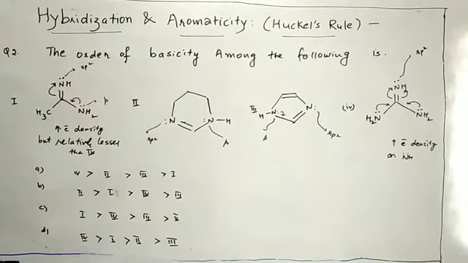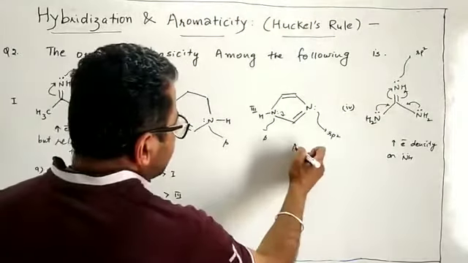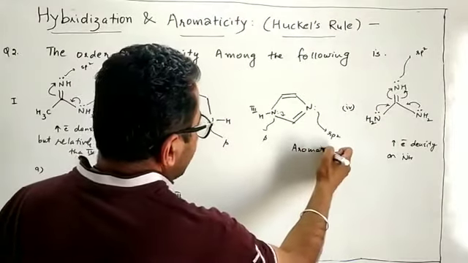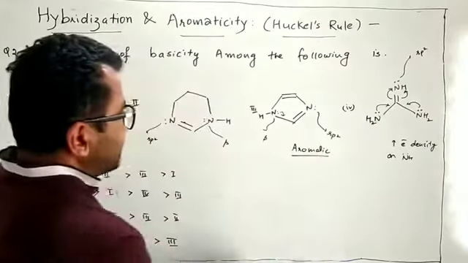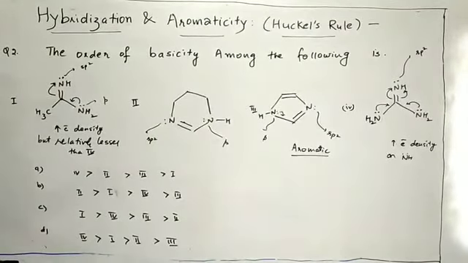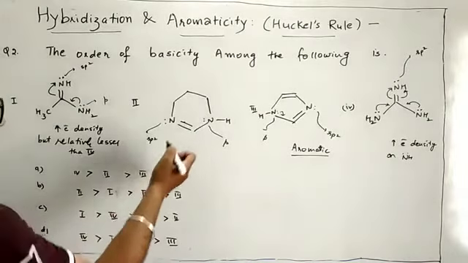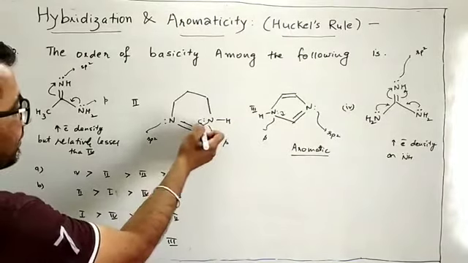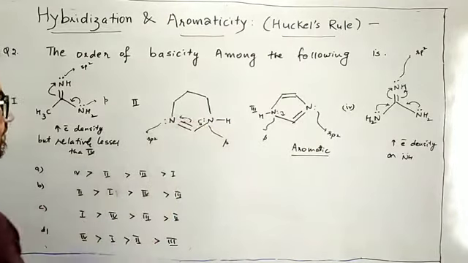Moreover, this compound is aromatic. Aromatic compounds are much more stable as compared to non-aromatic compounds. This compound is non-aromatic. It also gives this lone pair of electrons to this one.